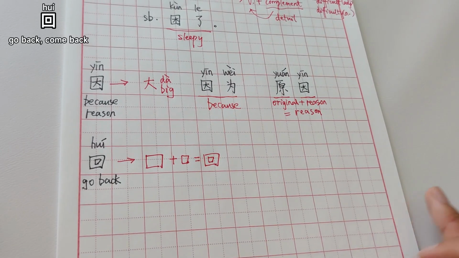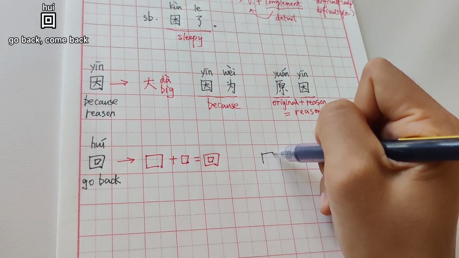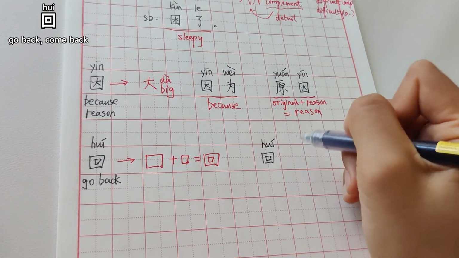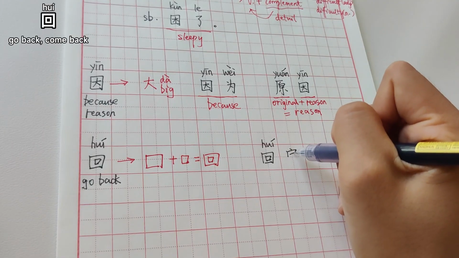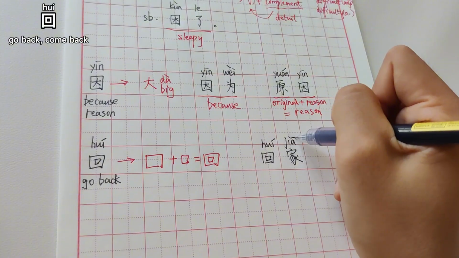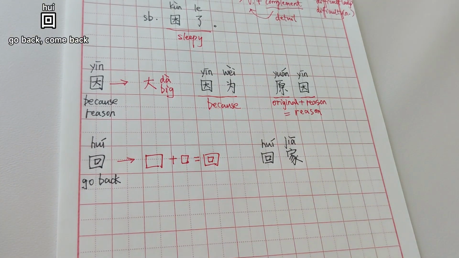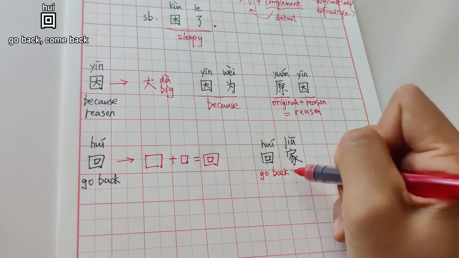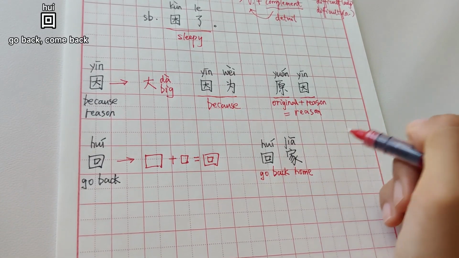For example, we can say 回家. 回家, it means go back home.